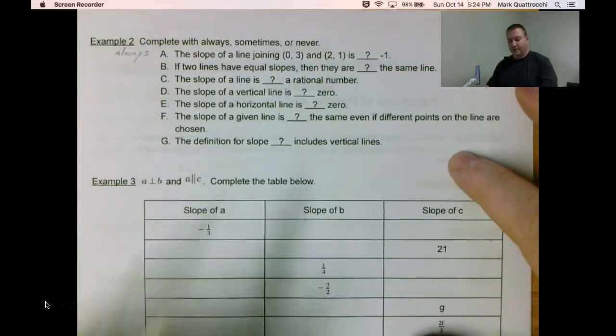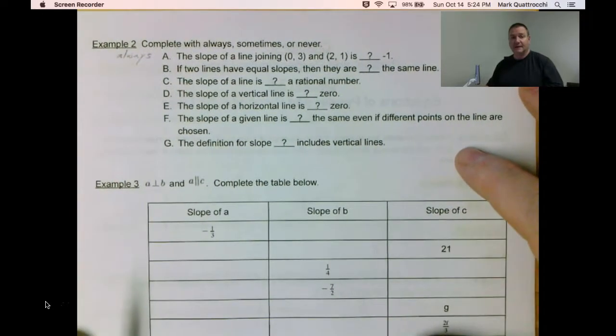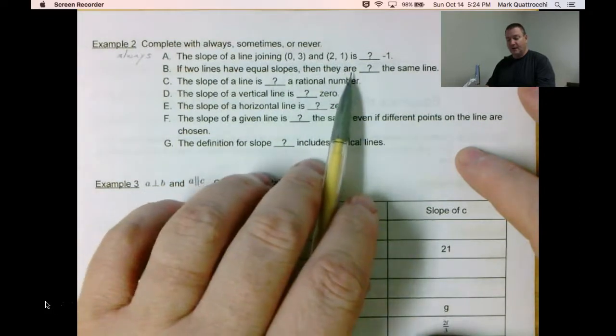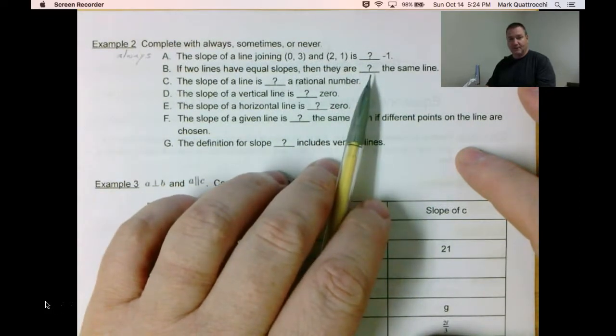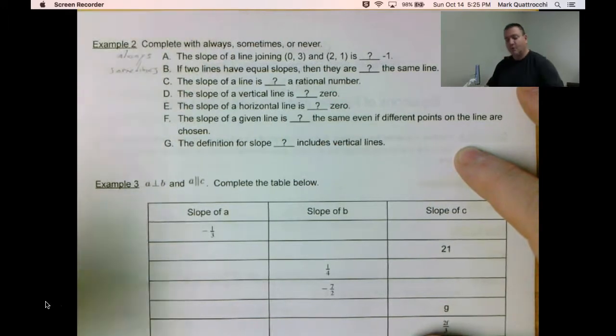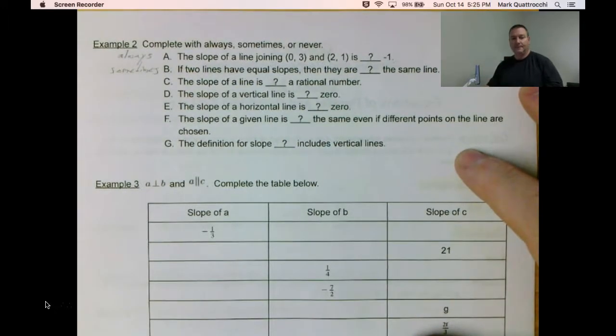Because the slope between these 2 points is -1, the slope between any 2 points on that same line is -1. If 2 lines have equal slopes, then they are always, sometimes, or never the same line? Sometimes. Sometimes they're the same line. Most often they're parallel.